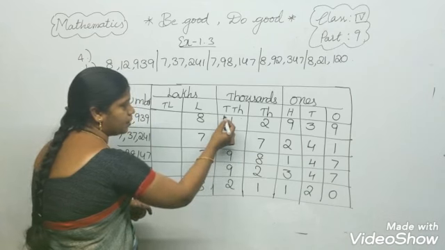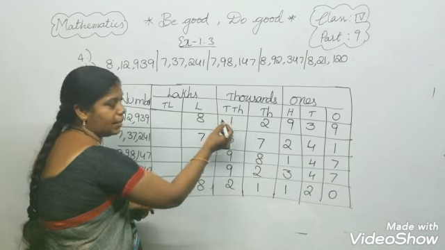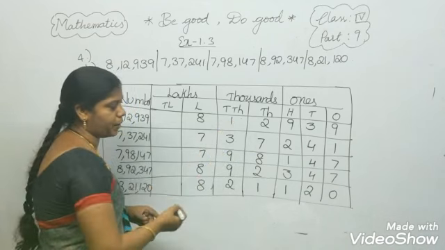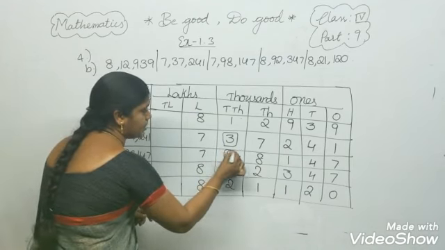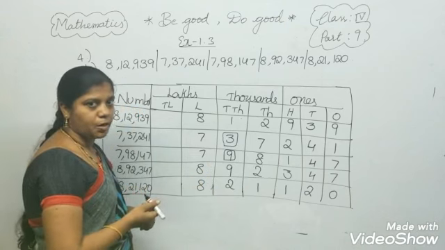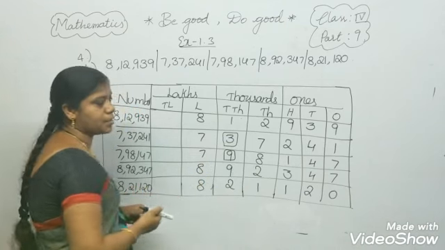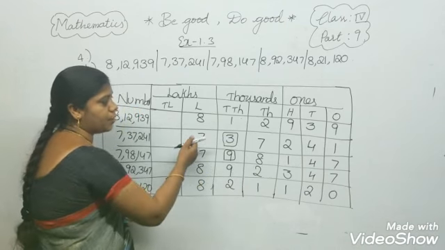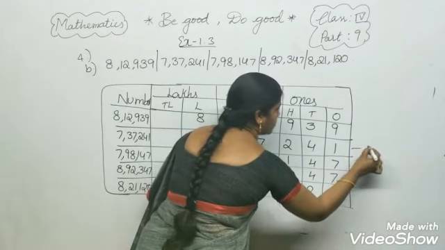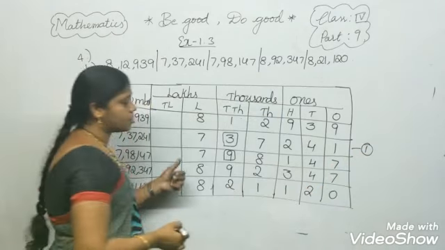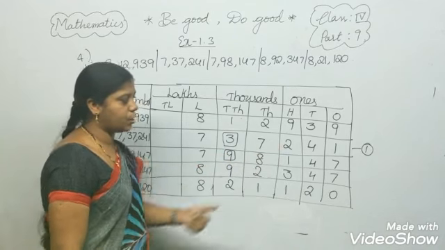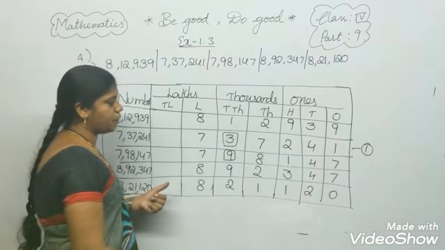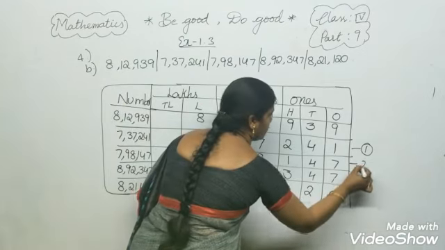That is the second highest place, the 10,000s place, we are going to compare now. If you observe, here it is 3, here it is 9. So which is the smallest digit? 3 is the smallest digit, which means we have to write this number first. This is the smallest number. What is this number? It's 7,37,241.